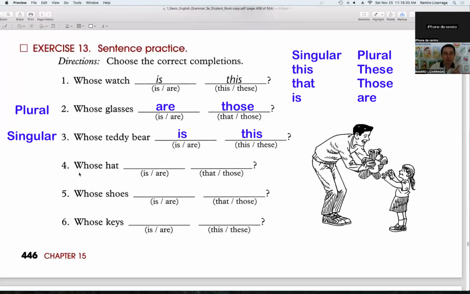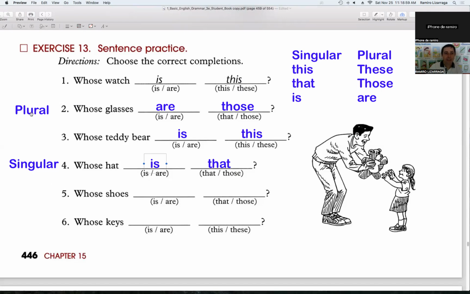Okay. Number 4. Number 4, Leslie. Number 4 is singular. Whose hat is that? Very good. Whose hat is that? Okay. Very good.